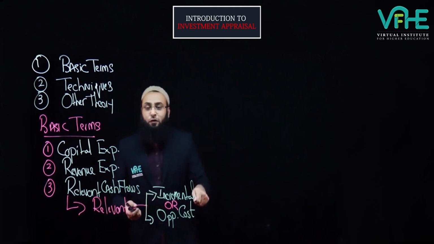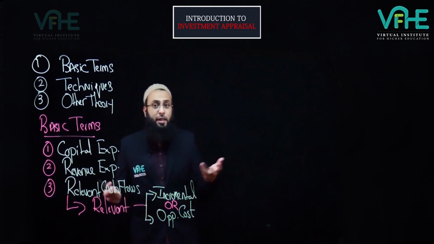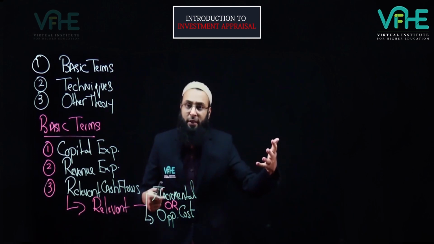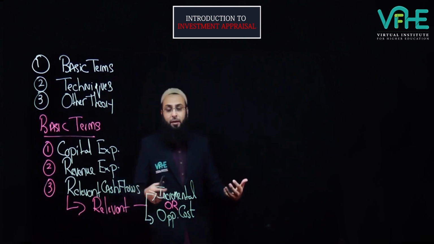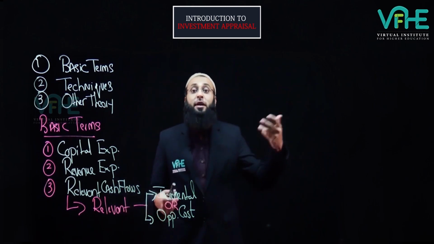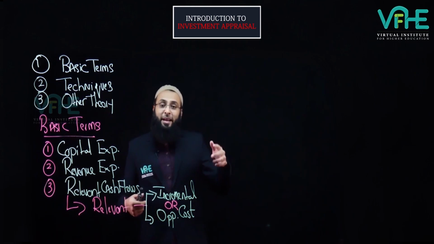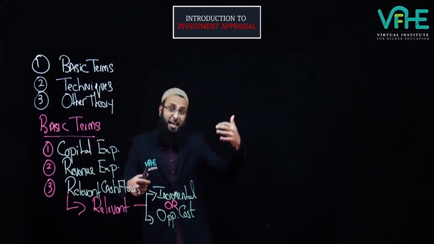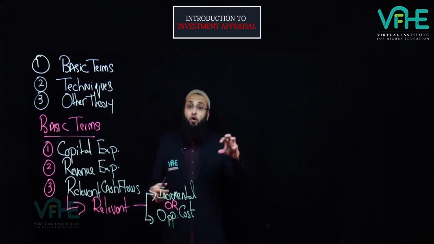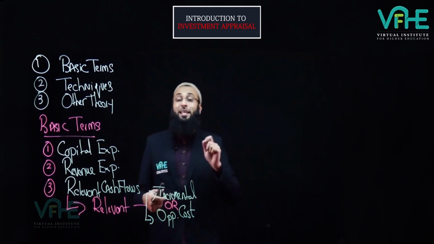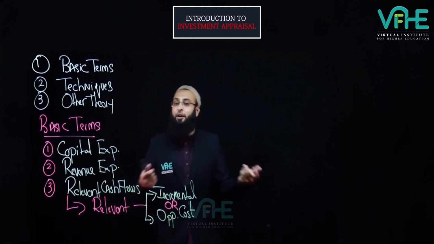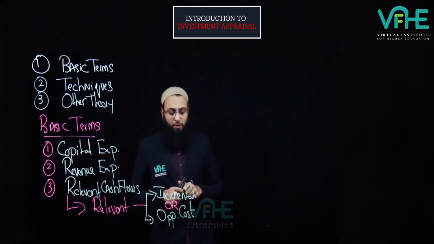So any cash flow that arises as a direct consequence is known as incremental. And it's not just an increase in the cost, it can be a decrease in the cost as well. Sometimes there can be certain savings that arise because of a certain decision. So whether it's an increase or a decrease because of the direct consequence of a particular project, that is known as incremental. So if it is incremental, it's a relevant cash flow.